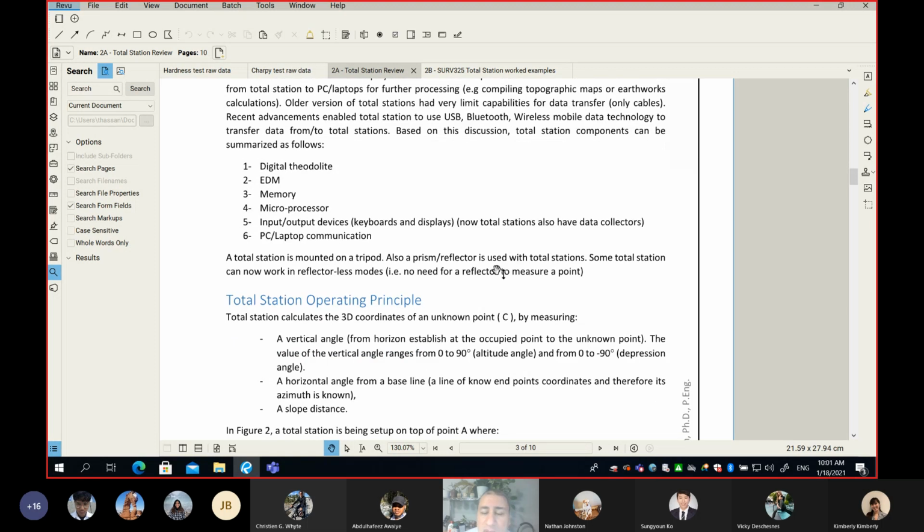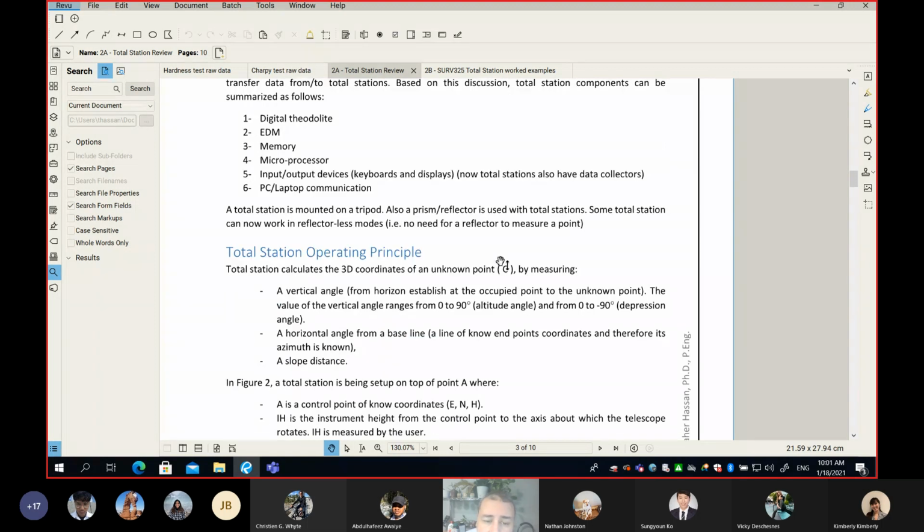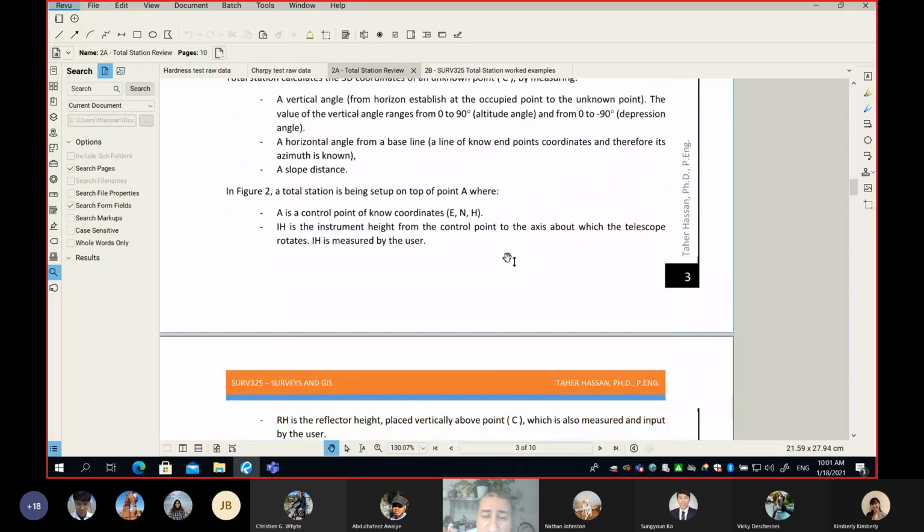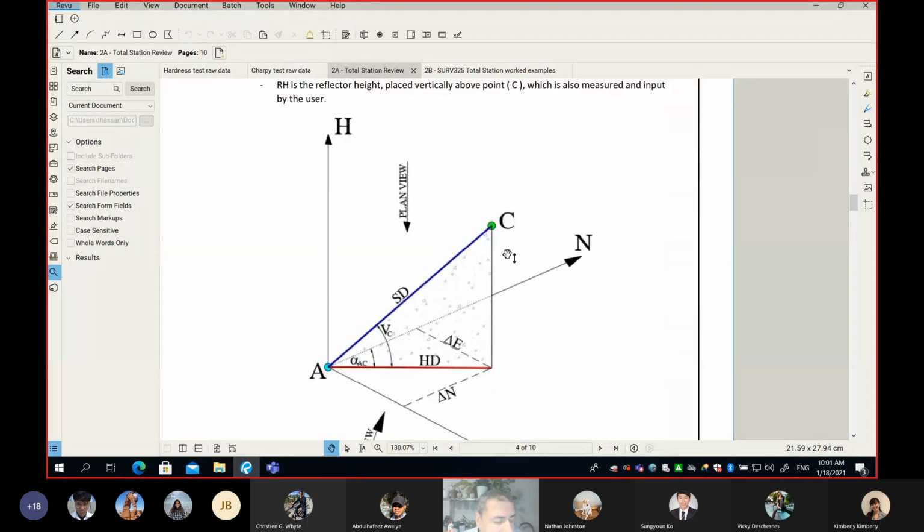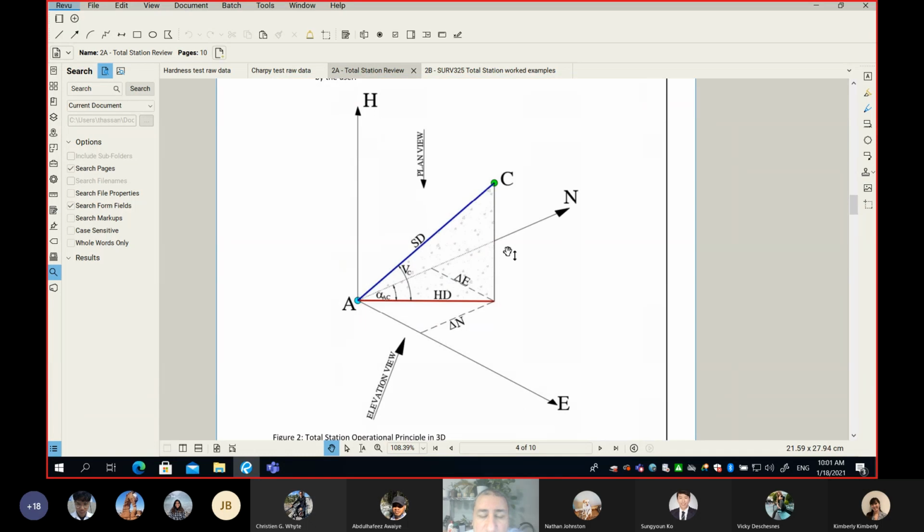The other thing we discussed last class is how the total station will work and find for you the easting, the northing, and the elevation of one unknown point, which are the Cartesian coordinates. We started from the 3D picture on my screen, where point A is a control point, a traverse point, where we have a total station, and point C is one of the unknown points on site.